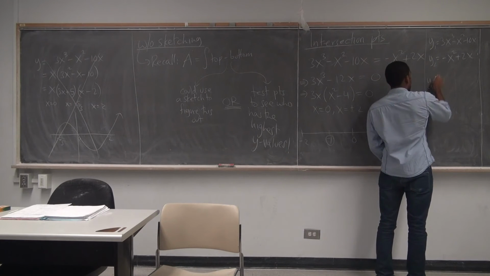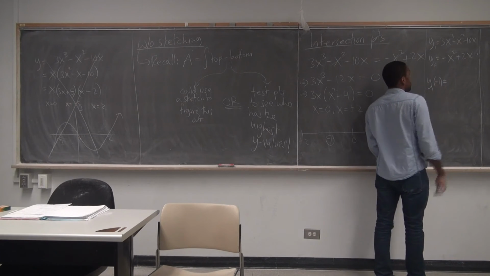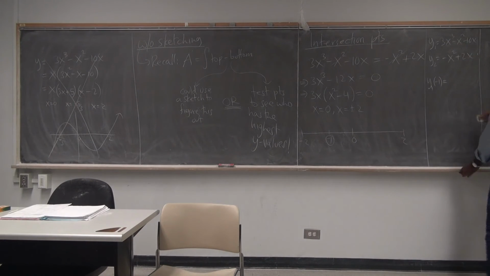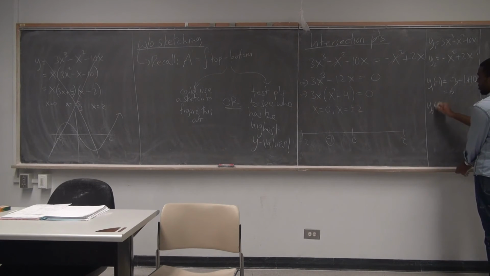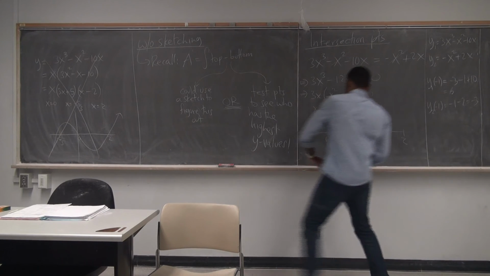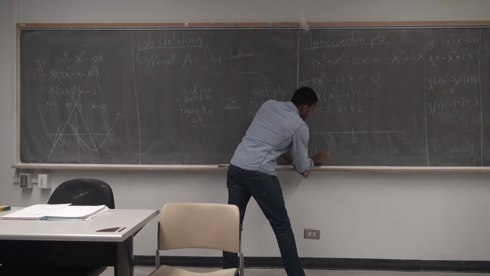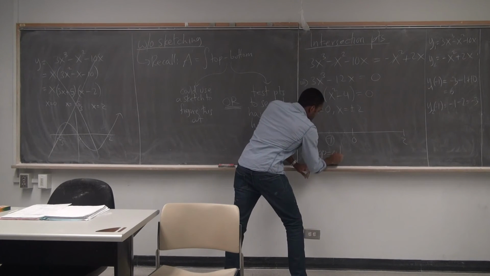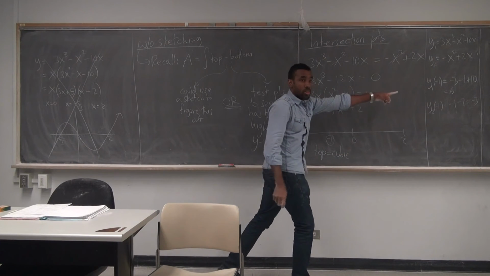So y1 of minus 1, plug in minus 1 here, I would get minus 3, minus 1, plus 10. So that would give me positive 6. If I evaluate y2 at minus 1, I would get minus 1, minus 2, which gives me minus 3. So you see over here, the top is the cubic. It gave me the higher y value in that region.